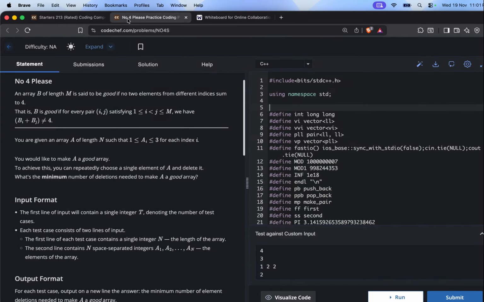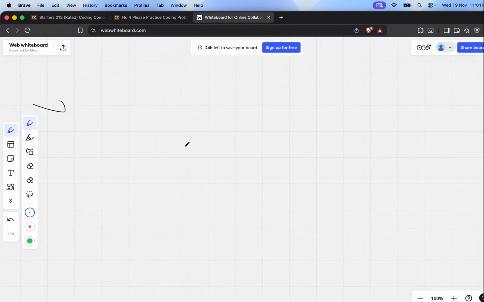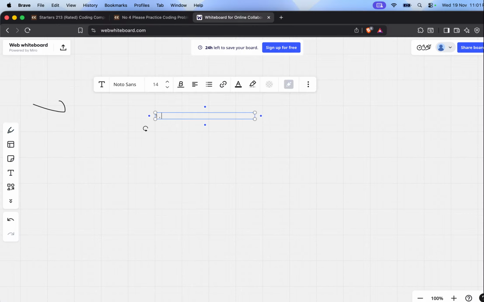The problem says that we are given an array consisting only of 1, 2, and 3. We need to make the array good.